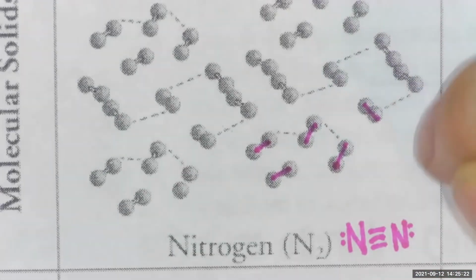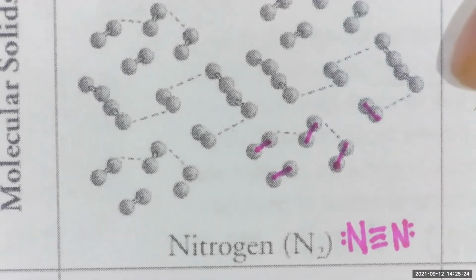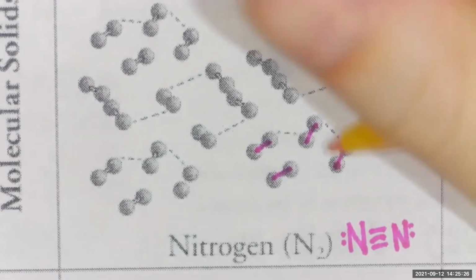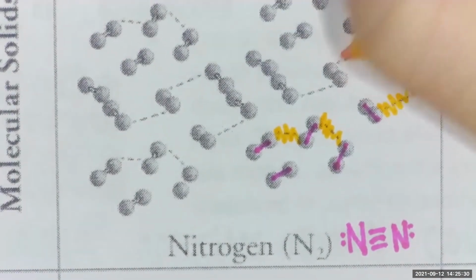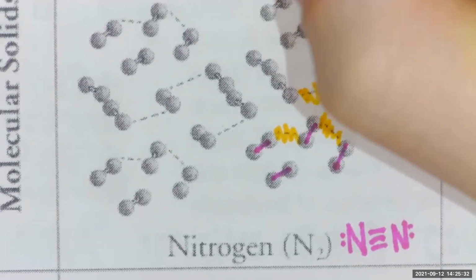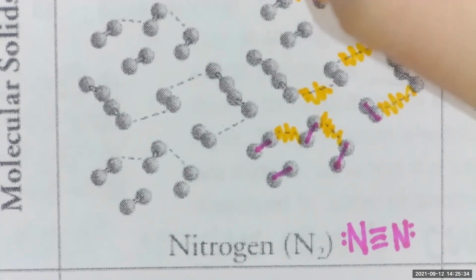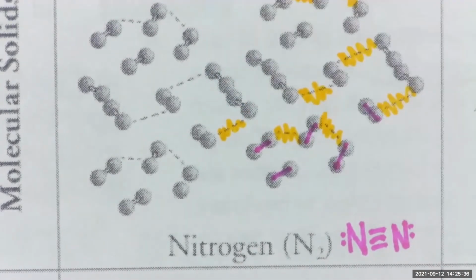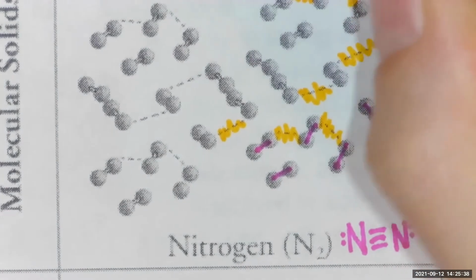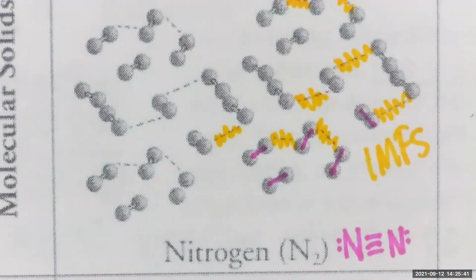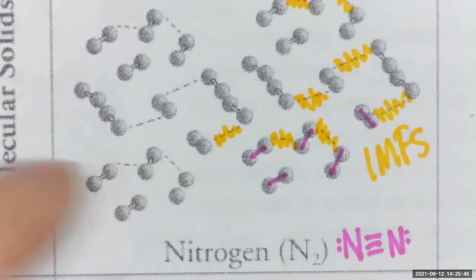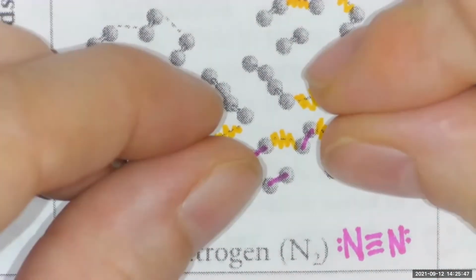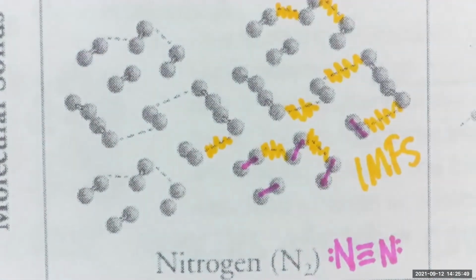This is bonded together, and the interactions between them here, all of these yellow ones that I'm putting in, the dashed ones, those are IMFs. IMFs are holding the pieces together in a molecular solid.